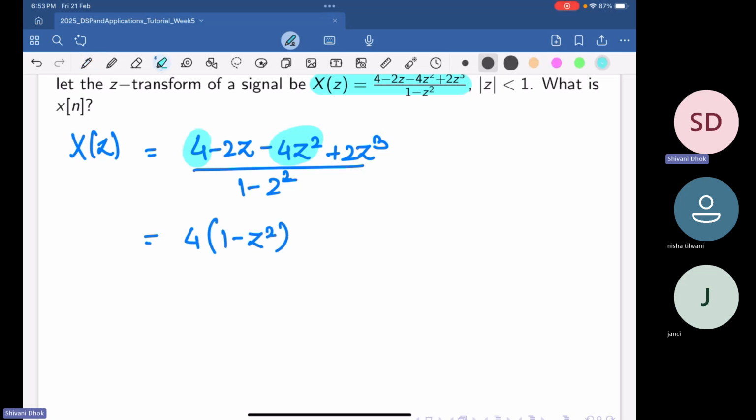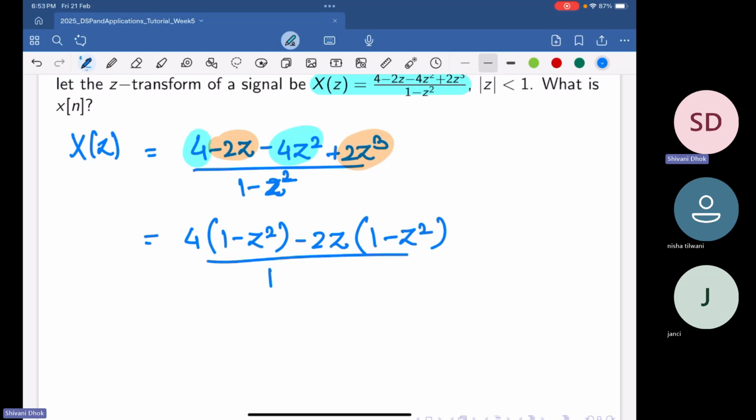And similarly, if we look at these two things, that is minus 2z and plus 2z cubed, I can take out common minus 2z, that will give me (1 minus z squared) upon (1 minus z squared). So what I get here is 4 minus 2z.